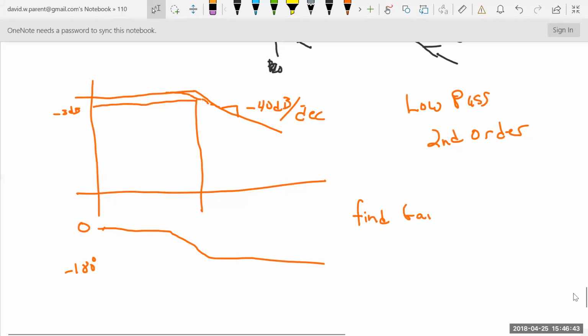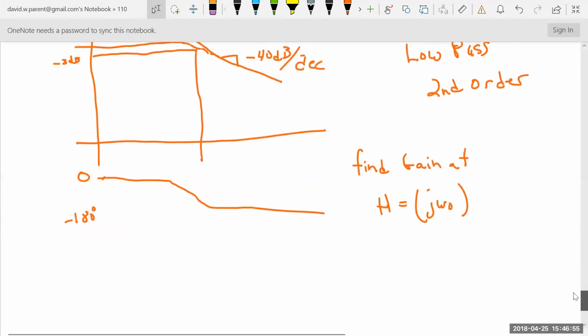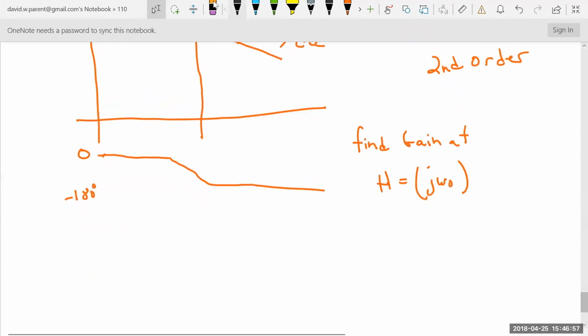Find the gain at H equals j omega naught.